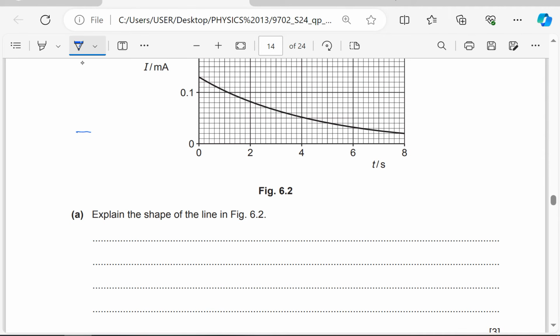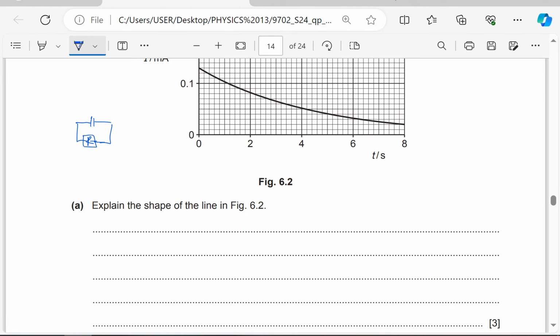So remember, when the switch is closed, we have a capacitor and a resistor. They're in parallel. So the PD across the capacitor is the same as the PD across the resistor. With the switch closed, the PD across the capacitor is equal to the PD across the resistor. That's number one.